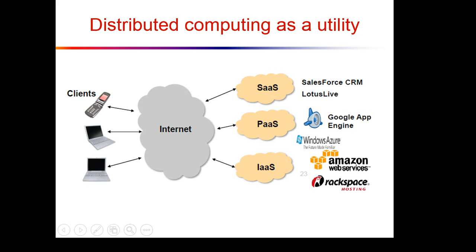Different types of services are provided by cloud computing systems, and different types of instruments such as mobile, laptop, or other devices can connect to the internet and use the services that are provided by cloud computing.